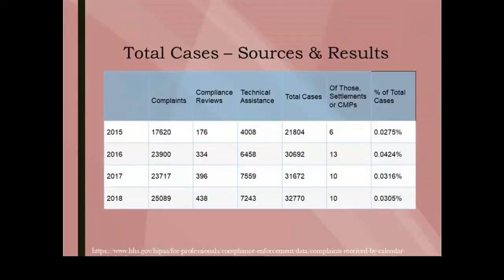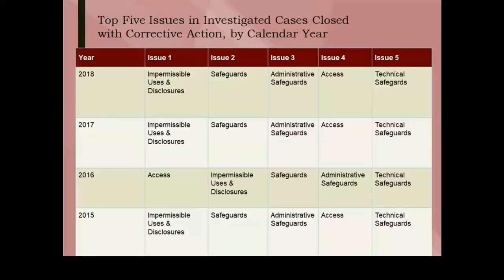Okay, and then total cases and sources. Complaints, you'll see, like I said here, that first column is complaints. That's where most of the sources are coming from. Compliance reviews, significantly lower, but they're out there, okay? And last one here is the top 5 issues investigated with corrective actions by calendar year.